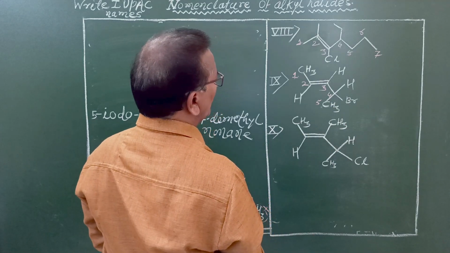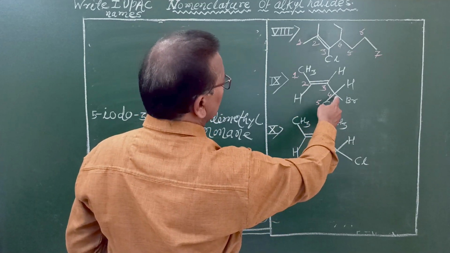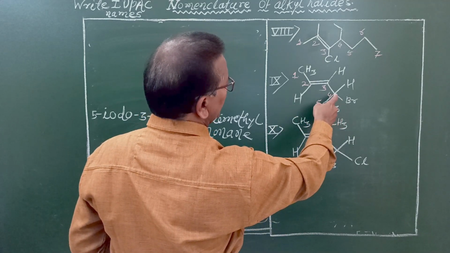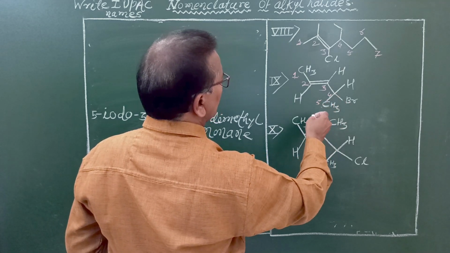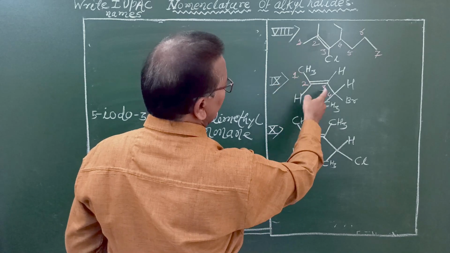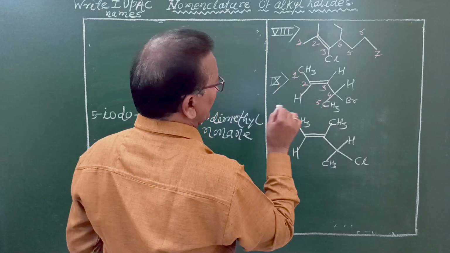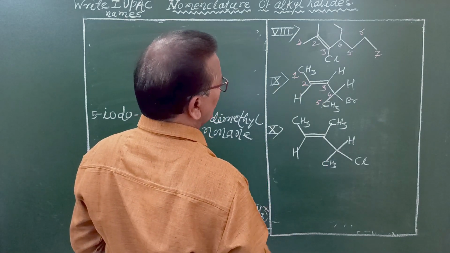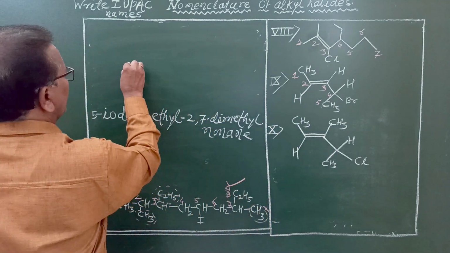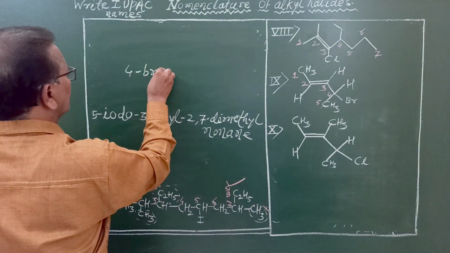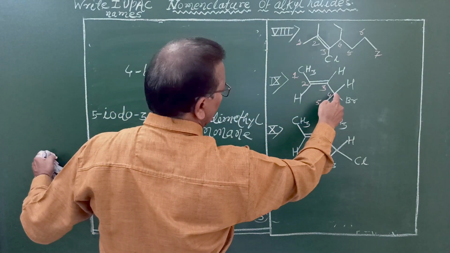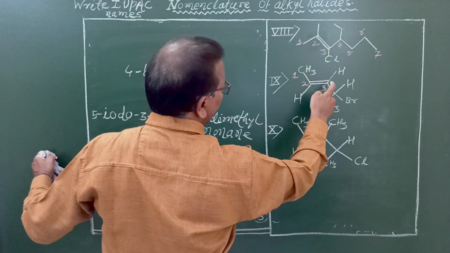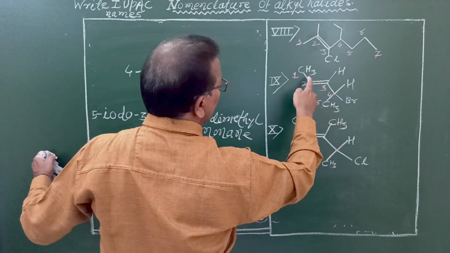So what is the name of this compound? 4-bromo. Here the bromine atom is bonded to carbon number 4, 4-bromo. Then since there are 5 carbon atoms, the prefix is pent. Therefore how to write the complete name? 4-bromo, since the position of bromine is at carbon number 4. 1, 2, 3 and 4. 4-bromo.